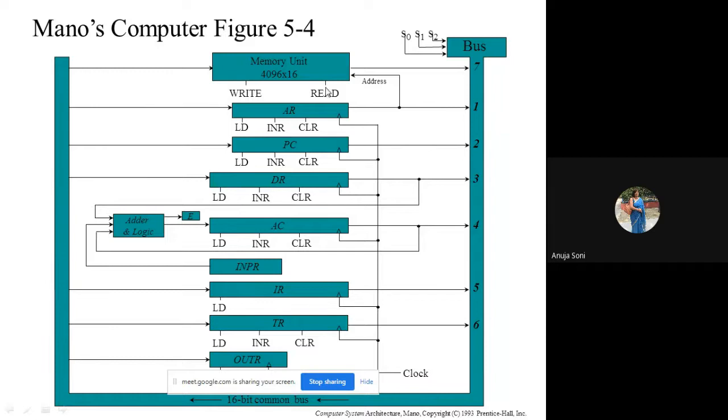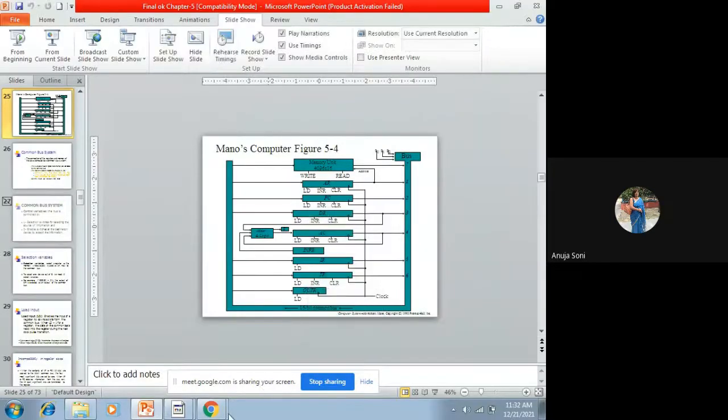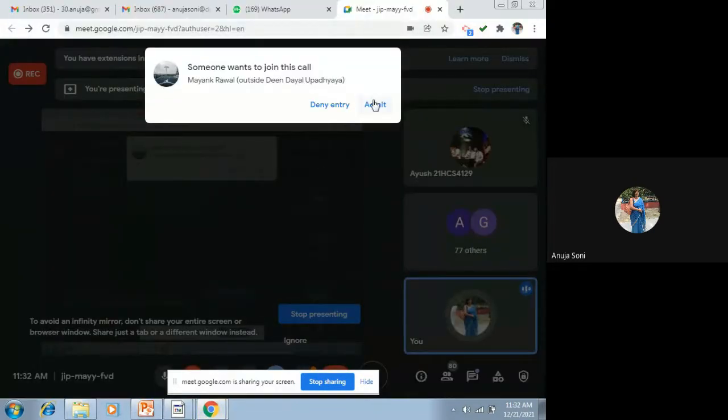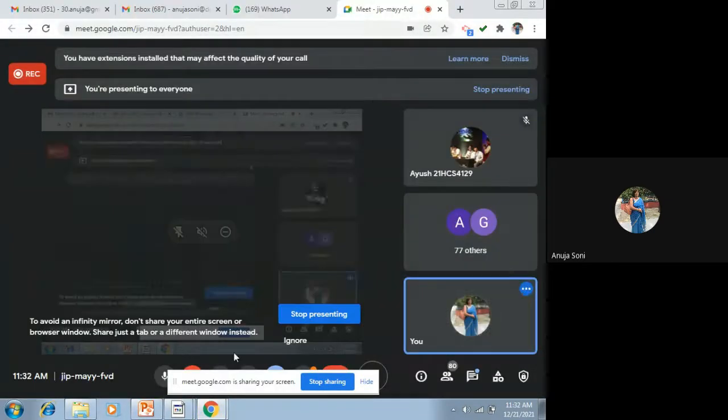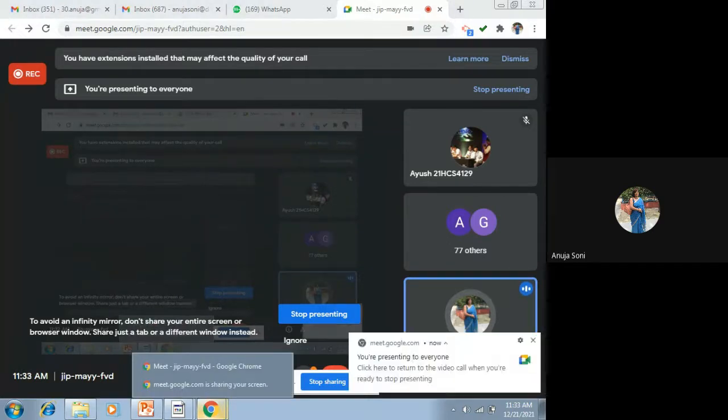What it means is that data will be read from memory, it will be transferred to the common bus, and afterwards by traversing through the common bus, ultimately it will be loaded to that specific register where the load signal of that specific register is enabled.